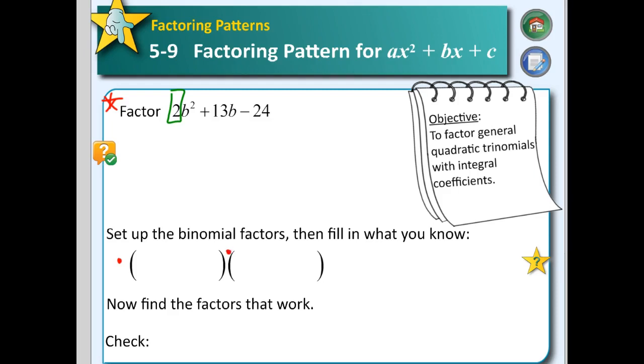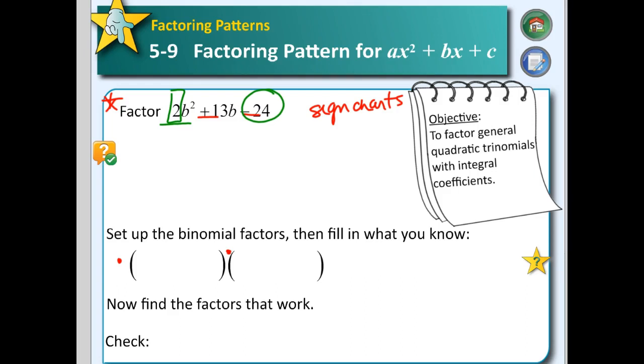We're still going to have to look at our signs, and the sign chart doesn't change. The sign chart is still the same, so hopefully you have that memorized from last week. But now we have to worry about the factors of my constant term, but we also have to worry about the factors in front of the quadratic term to get that linear term, the term in the middle.